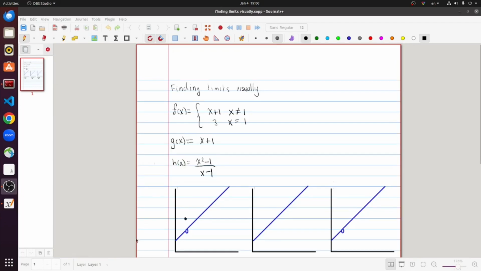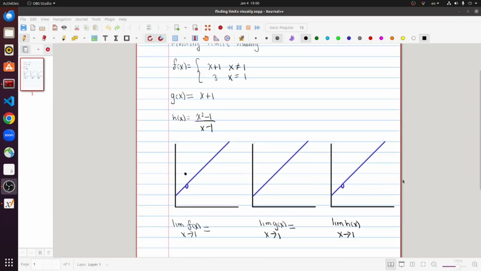Okay, so this is the next diagram. We have three functions: f of x is x plus 1 when x is not equal to 1, and 3 when x is equal to 1; g of x is equal to x plus 1; and h of x is equal to x squared minus 1 over x minus 1. Okay, so these three graphs respectively look like this.